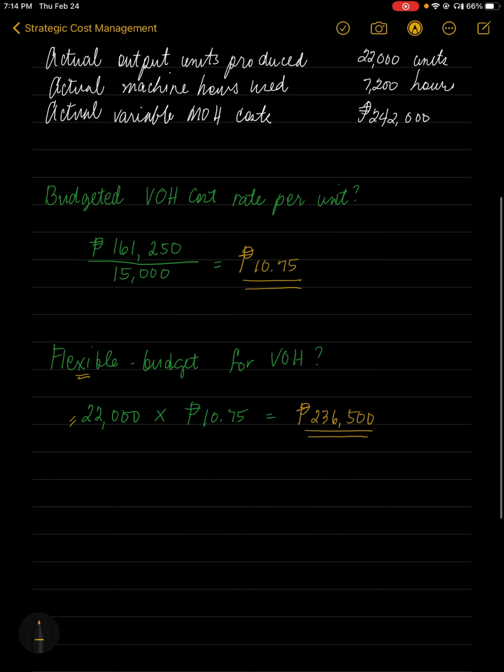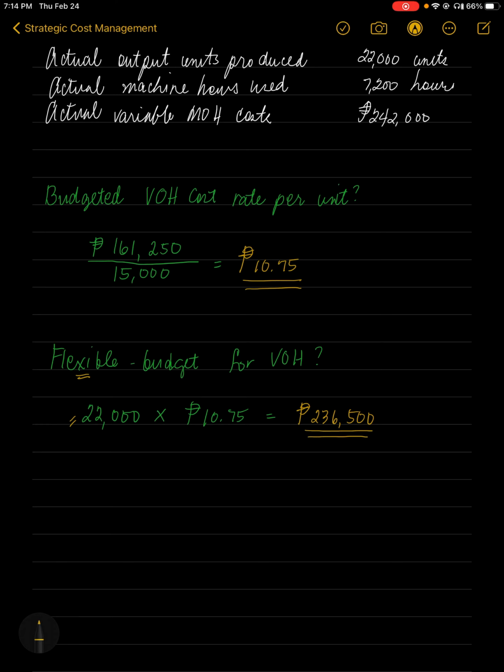Now, in the context of variance analysis, we are to compare the standard and the actual result. In this case, the budgeted, because we talk about the total value, the budget compared to the actual amount.